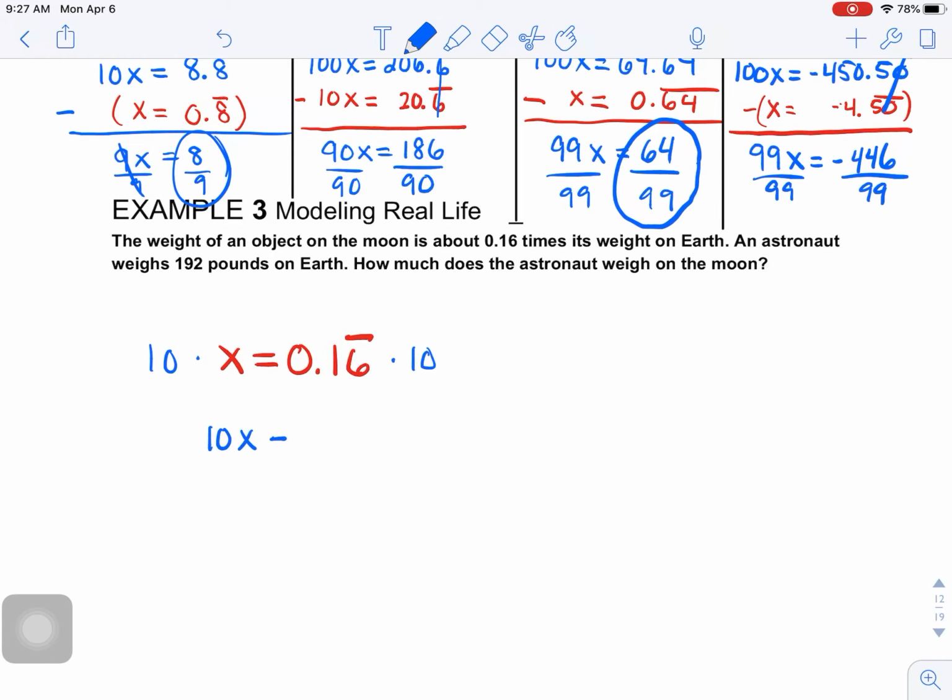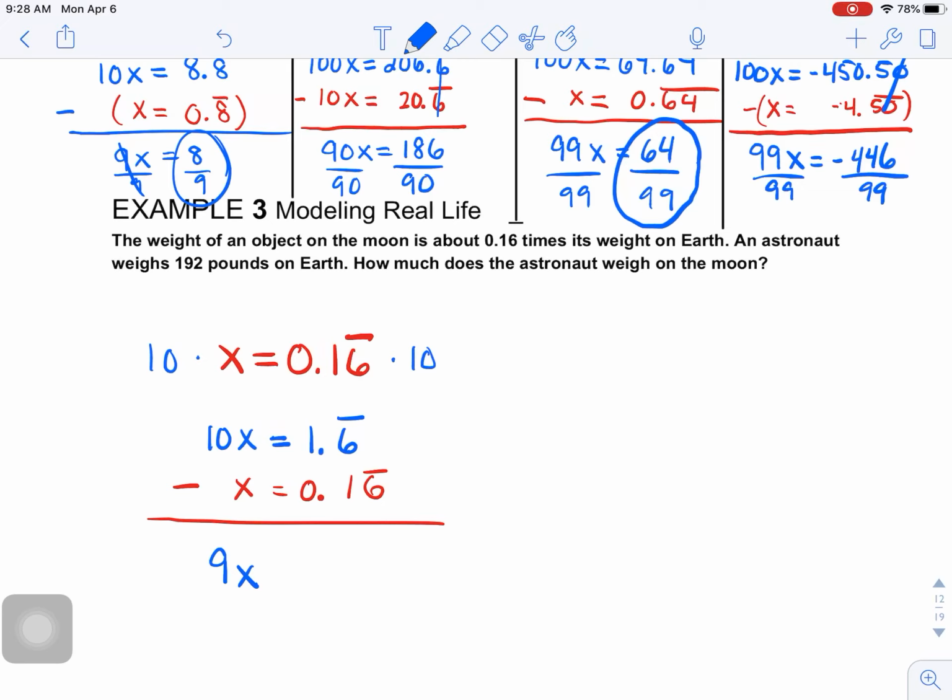That gives me 10x equals 1.6 repeating. Subtract the original, which would give us 9x.